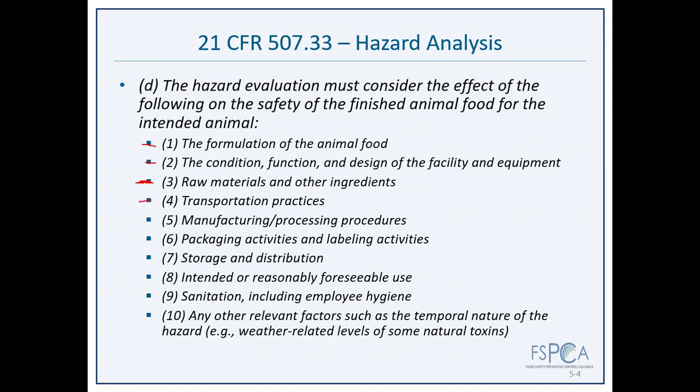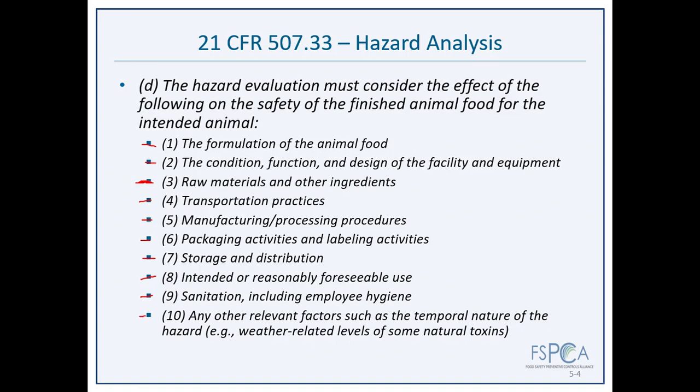Any transportation practices, manufacturing or processing procedures can introduce or increase the likelihood of hazards. Also packaging activities, labeling activities, storage and distribution, intended or reasonably foreseeable use, and any sanitation procedures, including employee hygiene. Again, another common way that hazards get in is through employee hygiene or human error. And any other relevant factors.